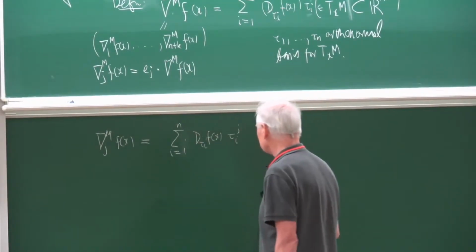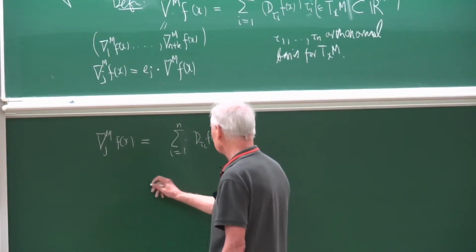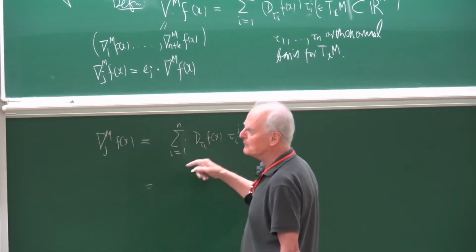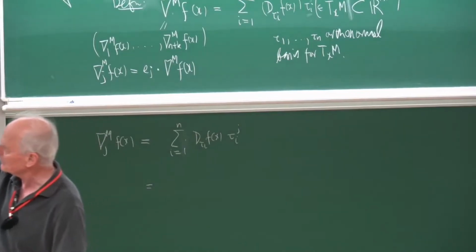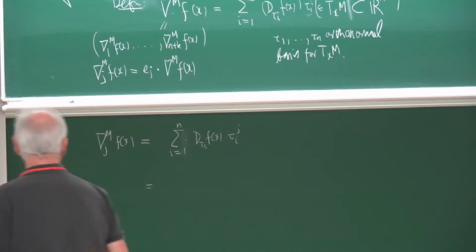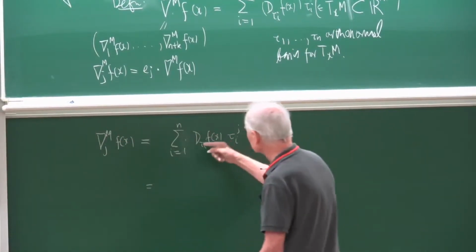And notice that remember, these guys are linear. We're at a point where we're working at almost every point, everywhere, where you've got linearity in the directional derivatives. So I can put this scalar in here.